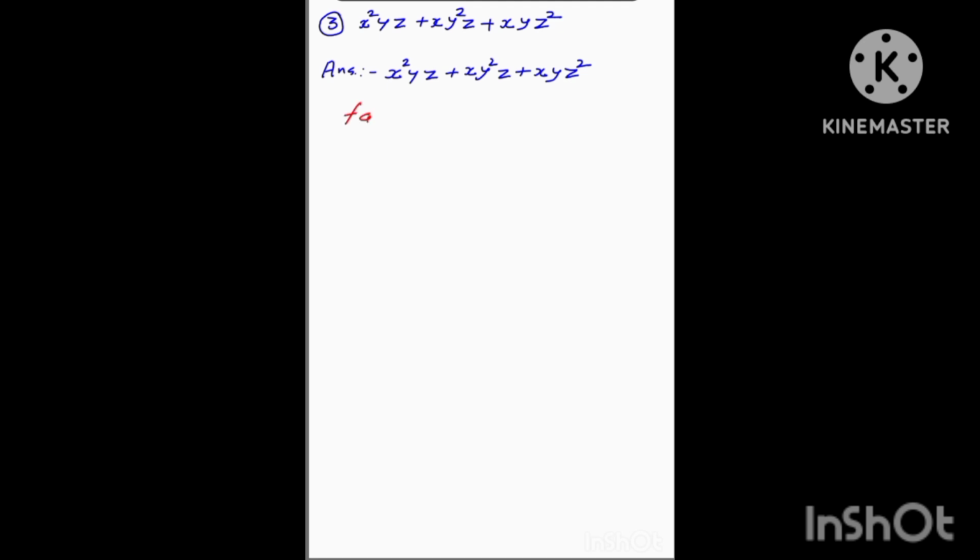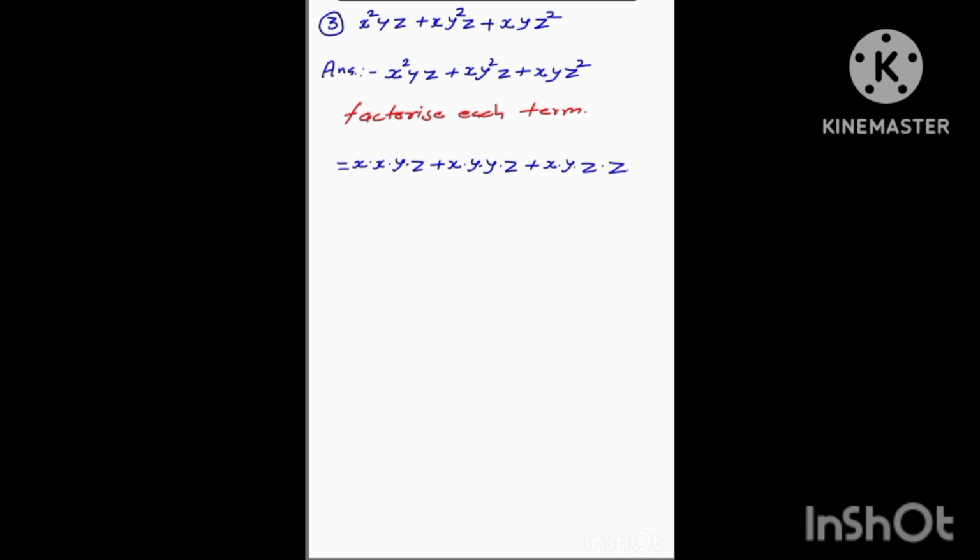If you see anything common in this, I think xy is common. For this, we have to factorize each term first. So split x square into x into x, y square as y into y, then z square as z into z, so that it becomes very easy for us.